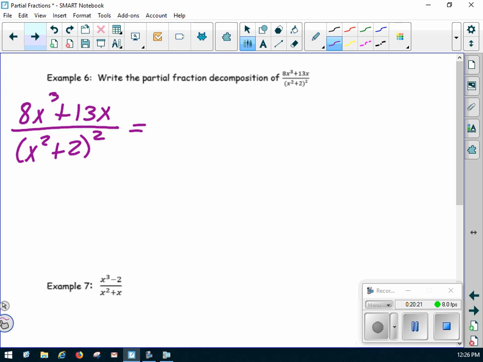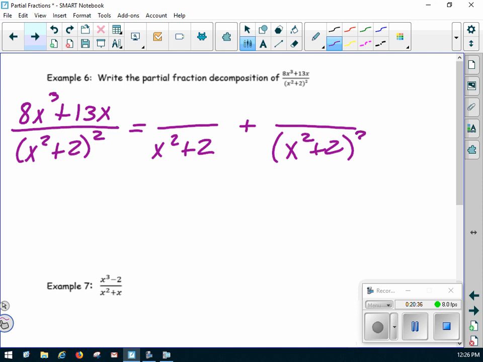How many fractions? 2. Good. That's it. If you have something raised to a power, you've got to do this process.